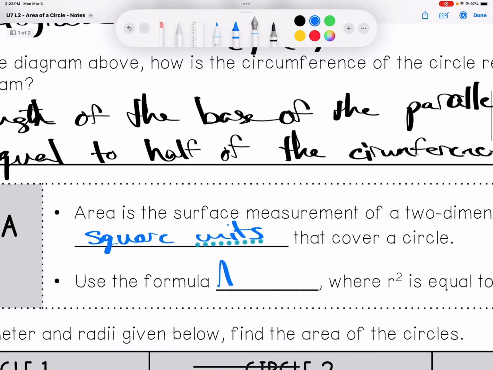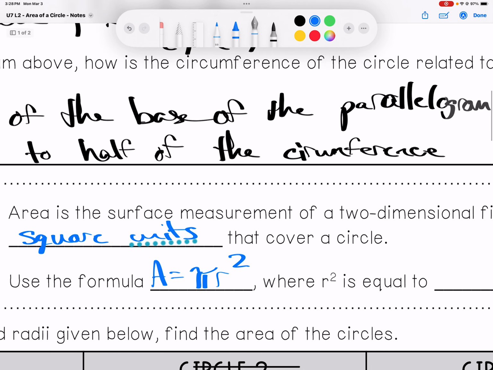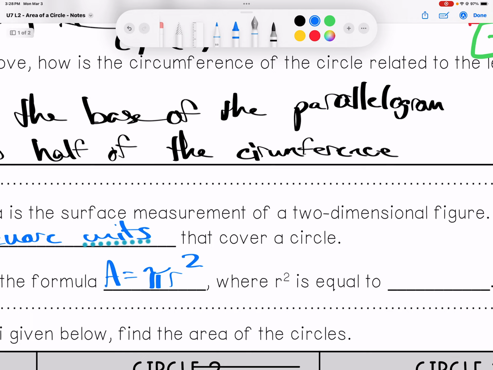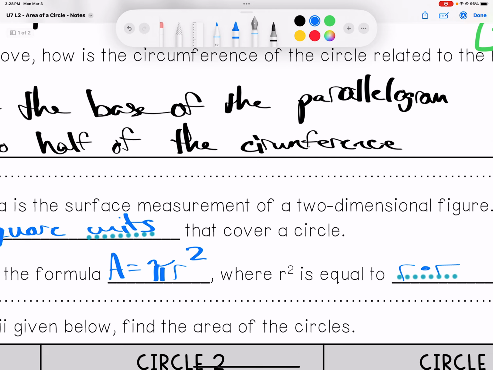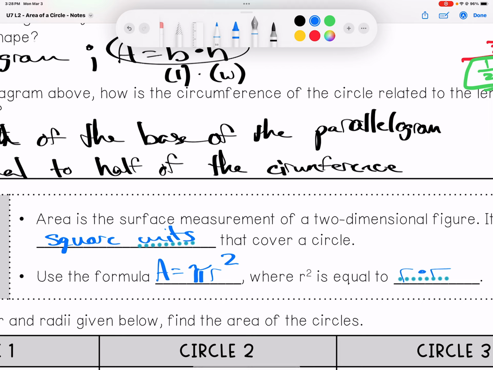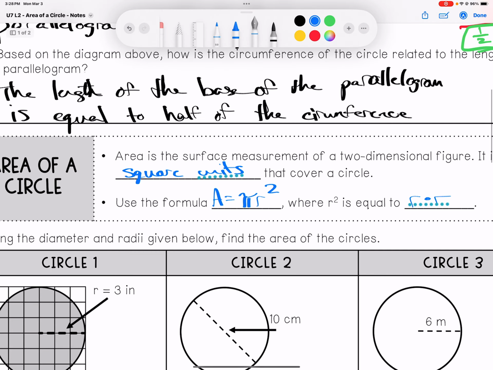The formula that we're going to use is area equals pi r squared, where r squared is equal to r times r. You should know what squared means. Squared means r times r. So in the case above, it was 3 times 3 is 9.